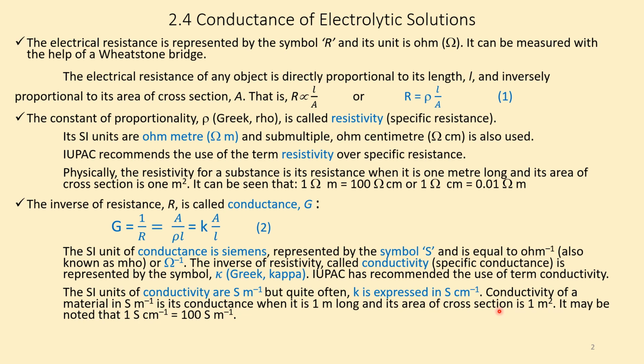That is, if in equation 2 we put A as 1 meter square and L as 1 meter, then kappa is equal to G. It may be noted that 1 Siemens per centimeter is equal to 100 Siemens per meter.